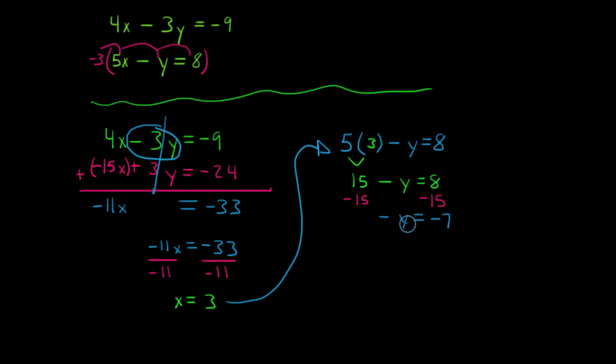There's a value hiding in front of the y here. It's 1. So you could think about this as negative 1 y. If I want y to be a positive variable, all I'd have to do is divide both sides by negative 1. I'm going to just backtrack for 1 second.